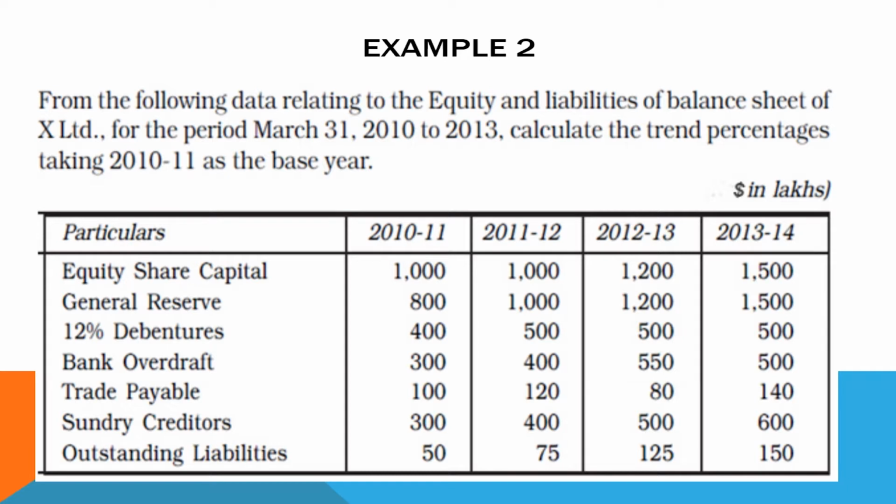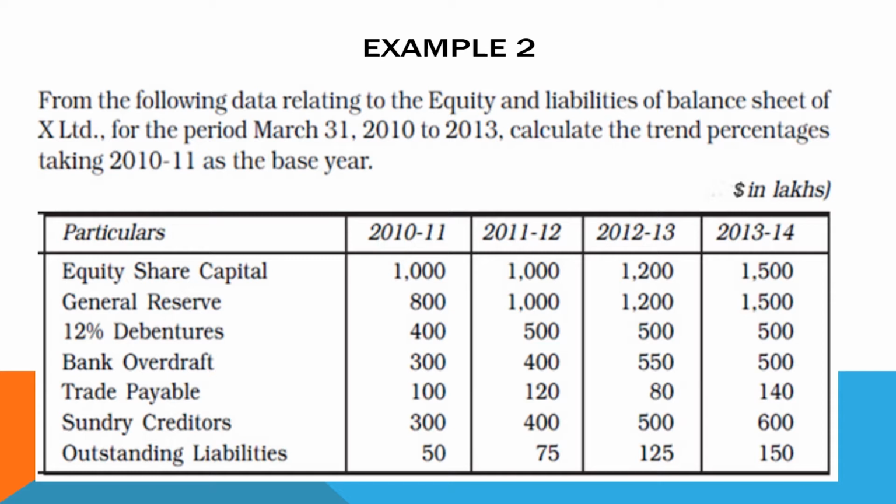We will write first shareholders fund, and under it we get equity share capital and general reserve. As we know the base year is 2010-11, we will write it as 100%. So the value of equity share capital in first year is 1,800.